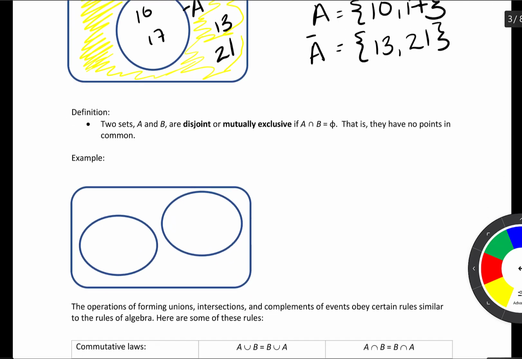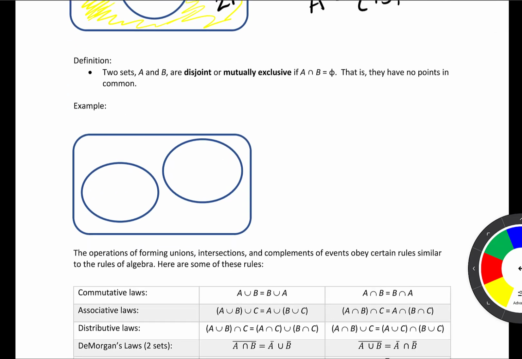Okay. Two sets, A and B, are disjoint or mutually exclusive if the intersection of A and B is equal to the null set. In other words, they have no points in common. So again, our rectangle here is the universal set.